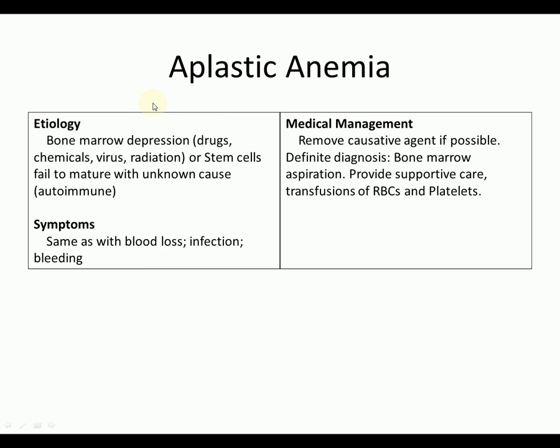On the aplastic anemia, you will see the etiology is bone marrow depression, drugs, chemicals, viruses, radiation, and of course on the chemicals it's like your chemotherapy agents, or stem cell failure from mature or unknown causes like your autoimmune diseases.